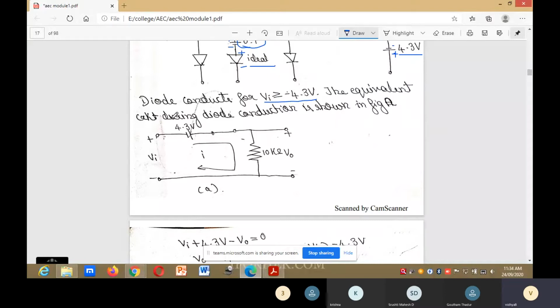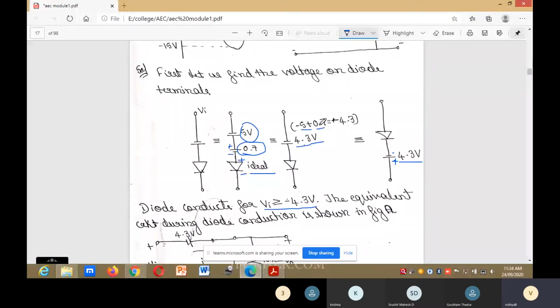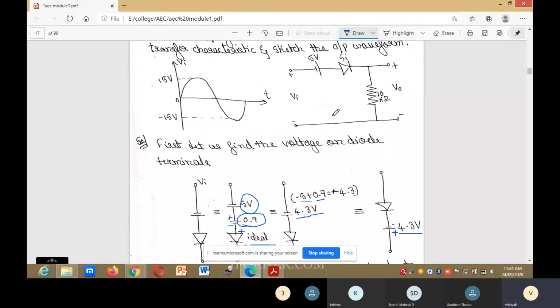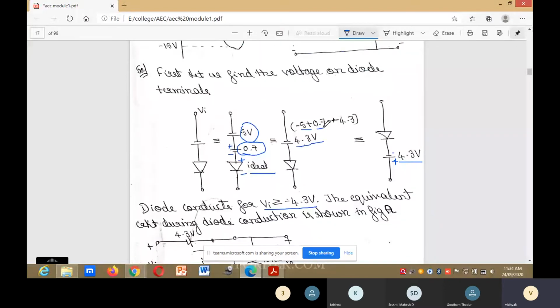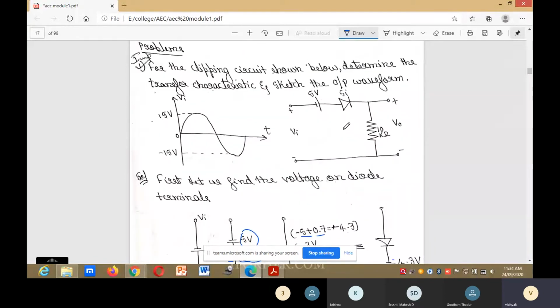This is the equivalent circuit for that. When Vi is greater than minus 4.3, what about the diode? The diode will be forward biased, because greater than minus 4.3 means we are applying the positive voltage. Consider the positive cycle.